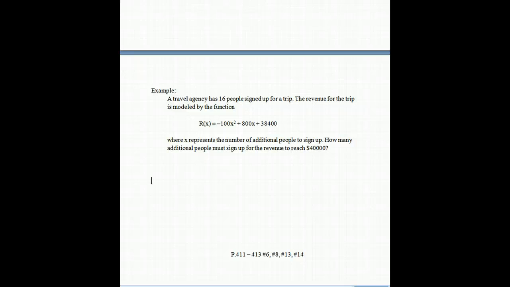And we'll put that in here. So $40,000 has to come across. It becomes negative.